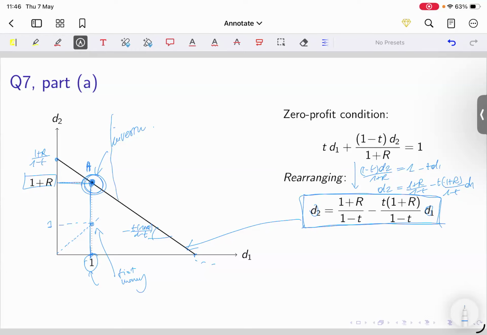Pardon my drawing again. Assume this is a tangency point. Say this is what I offer. This is my contract, D1 star, D2 star. Why do they enter? Because they're better off. You can see that compared to the indifference curve they were originally on, this U0, they are at a higher level, that is to say, better off. Why?